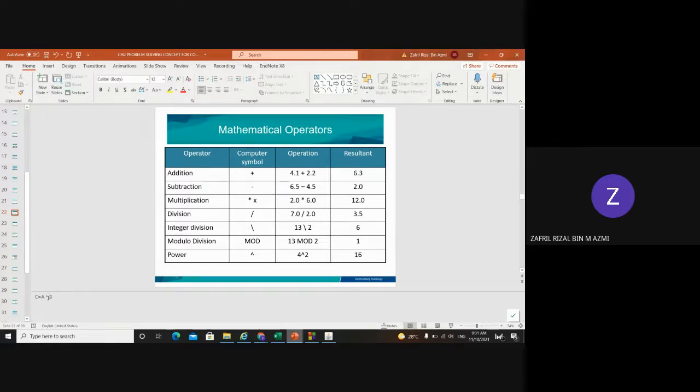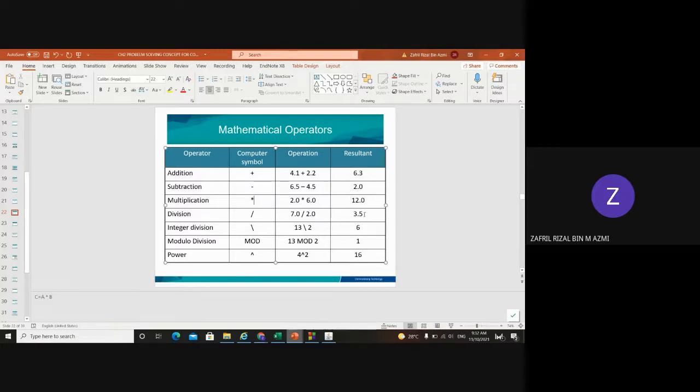You cannot use a mathematical symbol, because if you put it, the compiler will understand it as an operator, not a part of the variable name. Don't use X, use star.